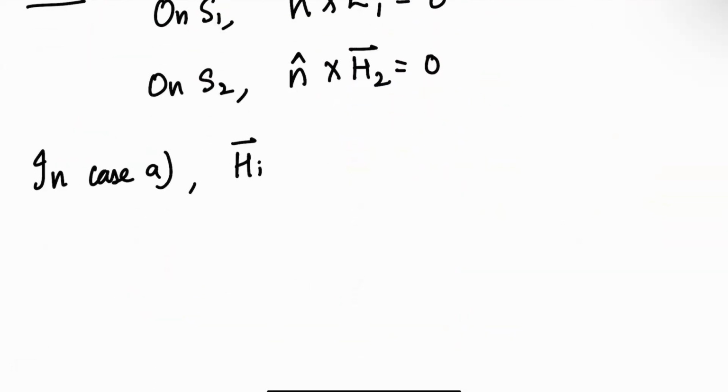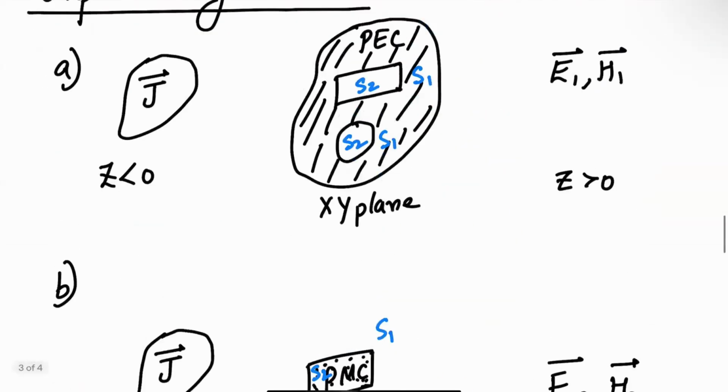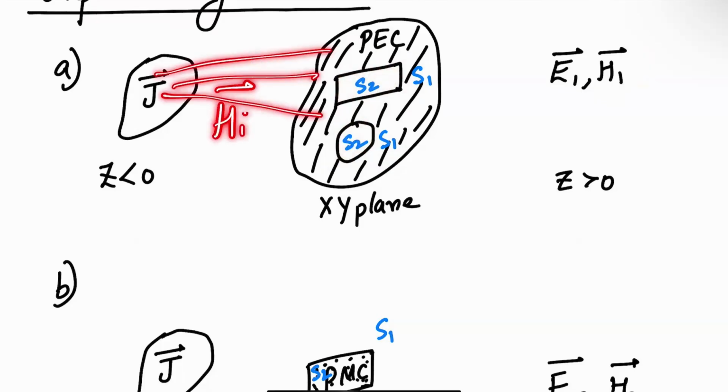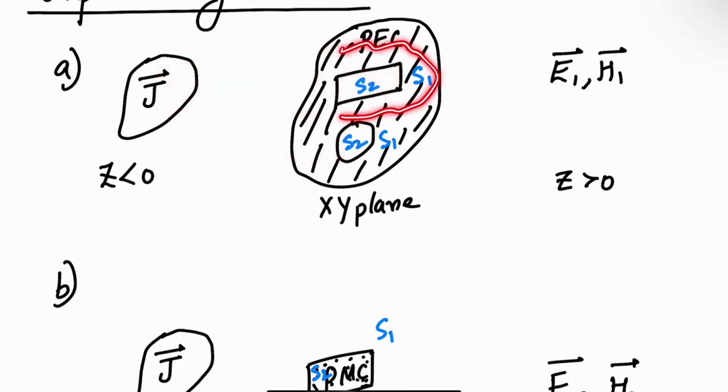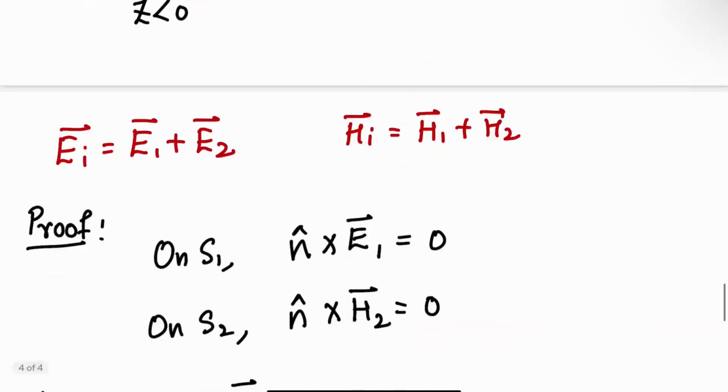Which means the tangential H on these apertures has to be from the incident field, HI. HI comes in, that produces some tangential field, and no tangential field can come from the surface currents, which means the only tangential field out here is from the incident field. And that's what we are saying.